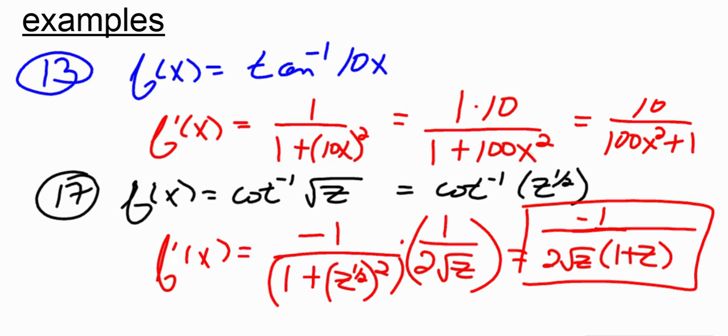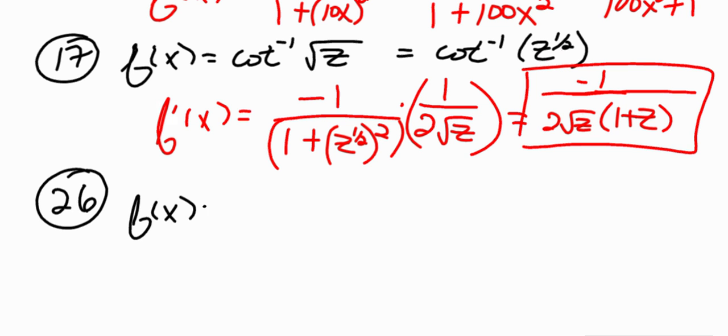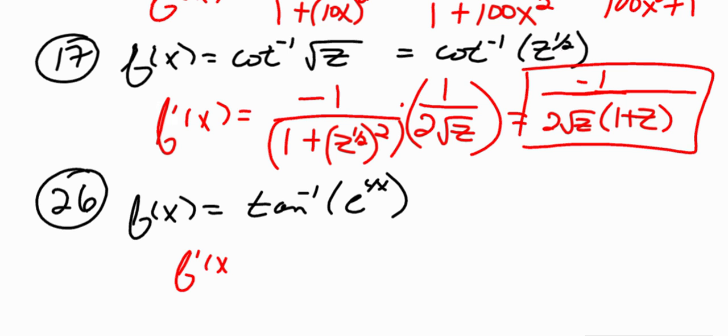Let's do one more on this section. We'll do number 26. If I'm given the function tangent inverse of e to the 4x, let's find this derivative. Remember, this will be 1 over 1 plus x squared, but we're not really doing x squared, we're doing e to the 4x.